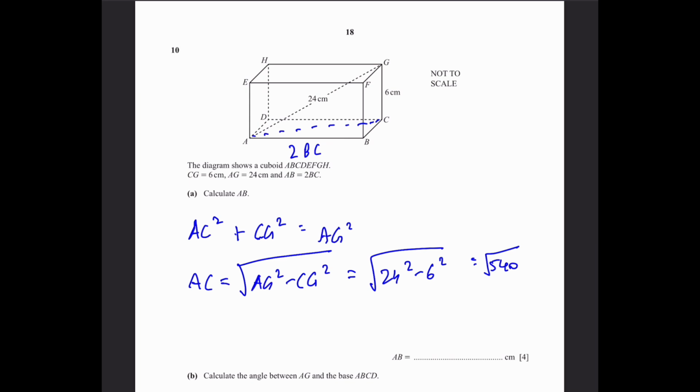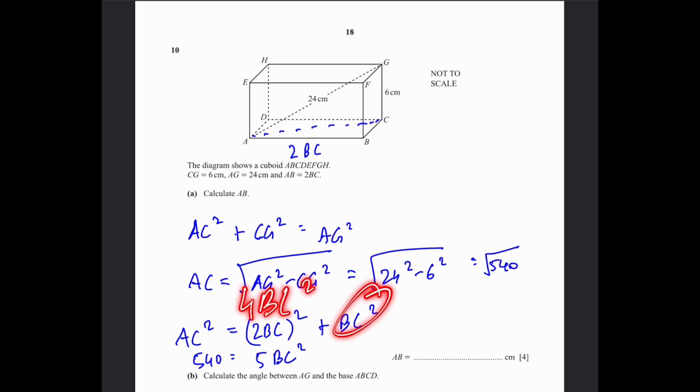So basically, AC squared is also going to be equal to 2BC squared plus BC squared, right? And now AC squared will become root 540 whole squared. So that'll cleanly become 540. That's equal to 5 times BC squared, right? Because this will become 4BC squared and we have BC squared, so adding them we get 5BC squared.